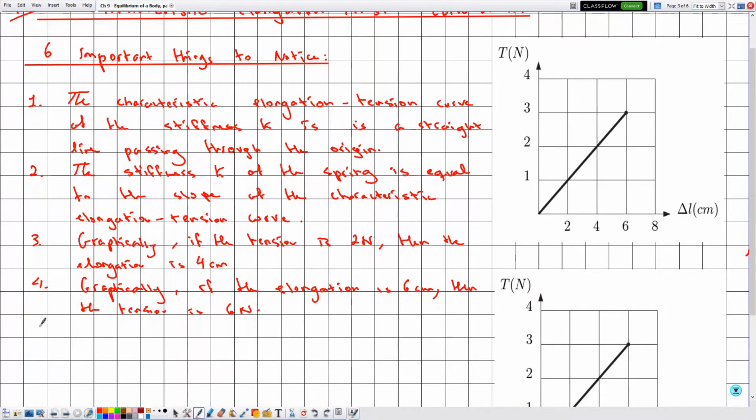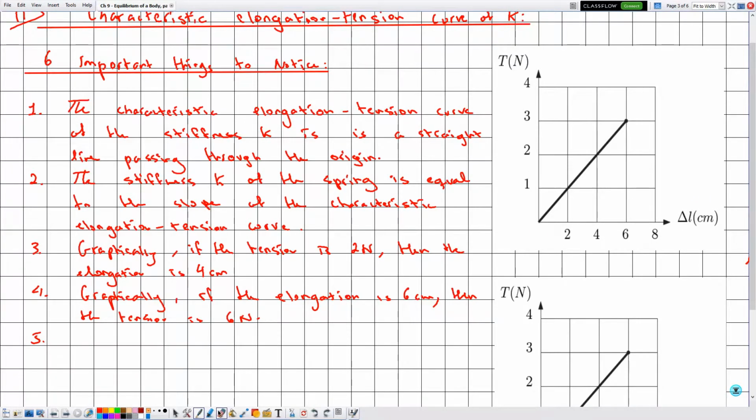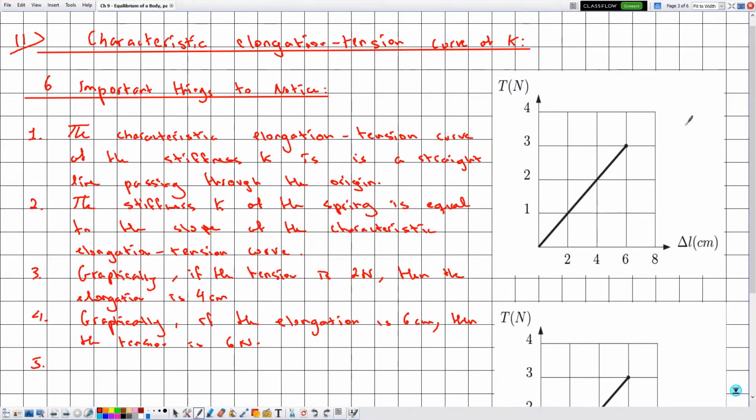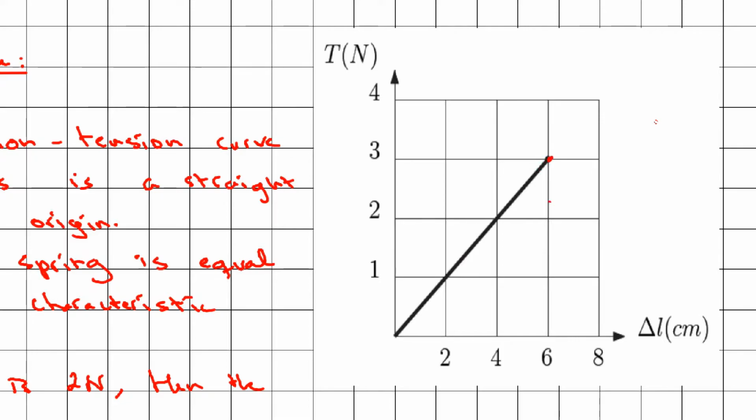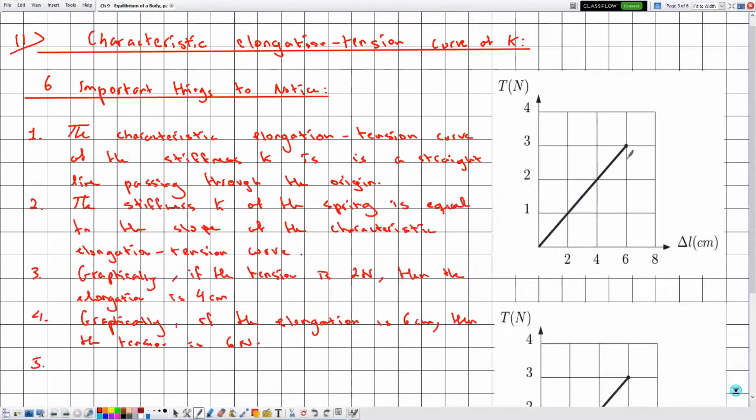Now, idea number 5. Now notice here something, that the curve stops at this point. This point represents the point where the spring loses its elasticity or breakdown.